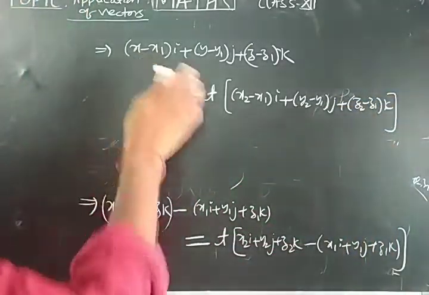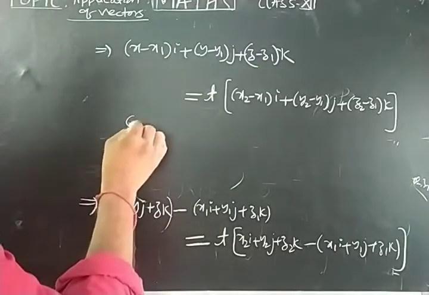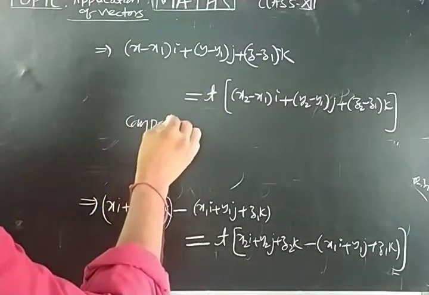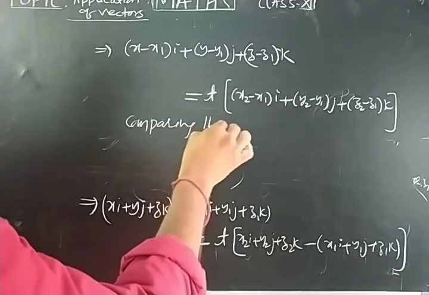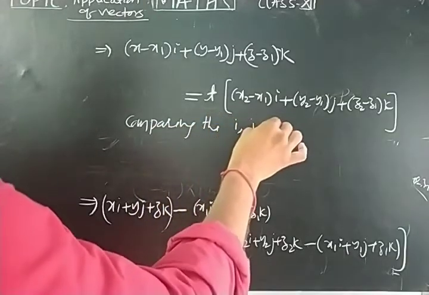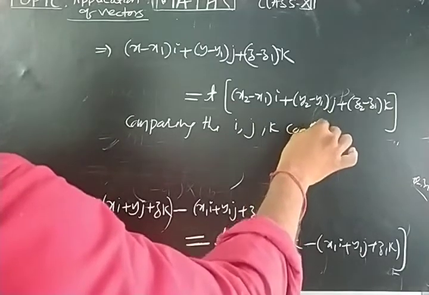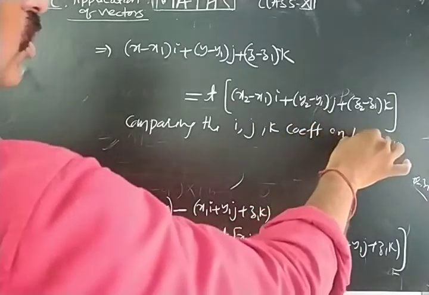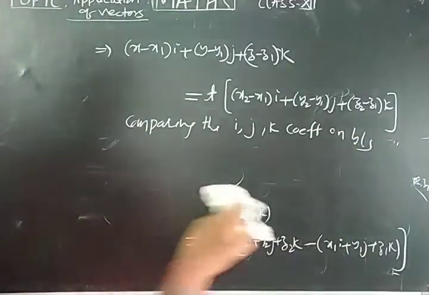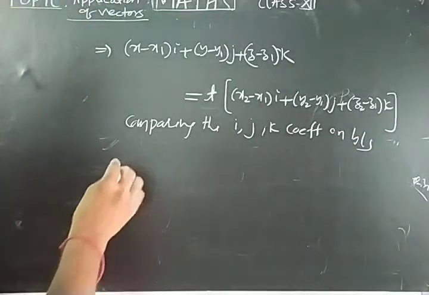By comparing the i, j, k coefficients on both sides, what will you get?